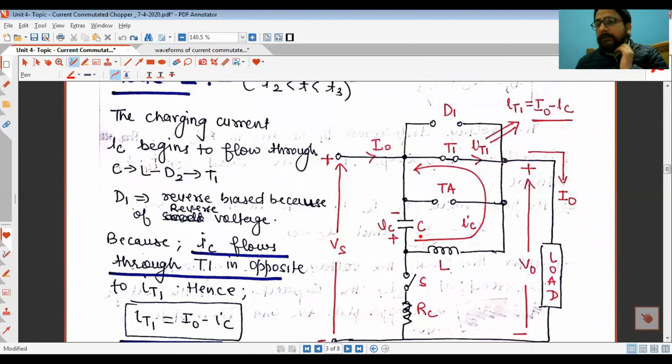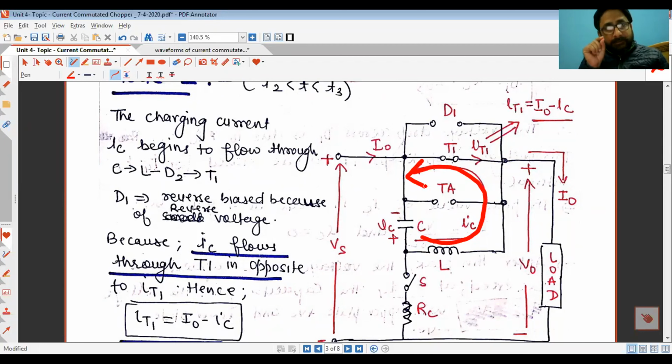What actually happened? This capacitor will now discharge in this direction, so the current will reach a certain value. At some point of time, equal to T3, this current will become I naught. So the value of capacitance used here should be chosen in such a way that the discharging current becomes equal to I naught at some point of time.